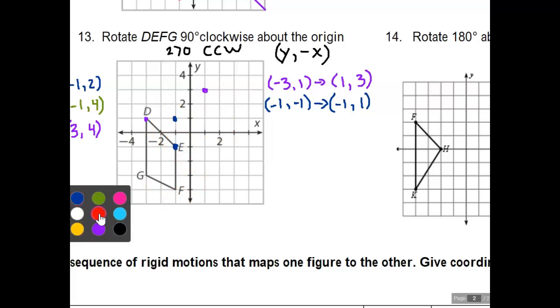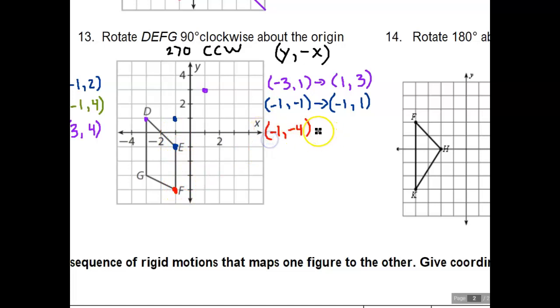Good. Okay. And f looks like it's -1, -4. So the y stays the same, just moves. So it's -4, and the x is the opposite sign. So -4, +1.